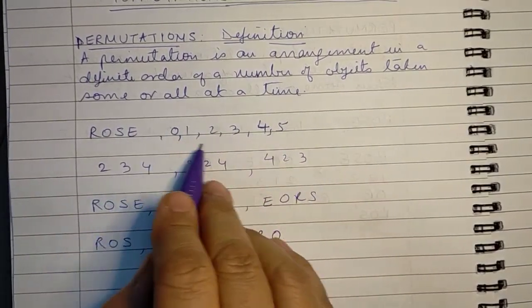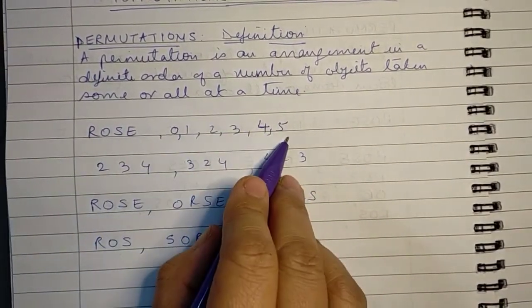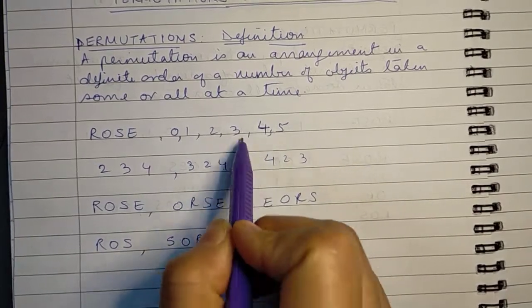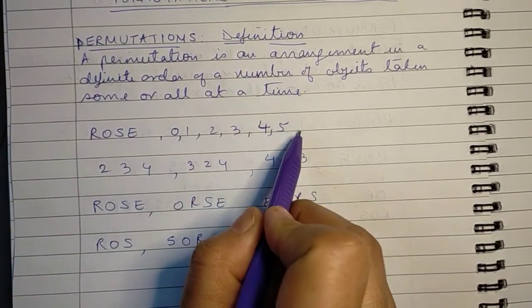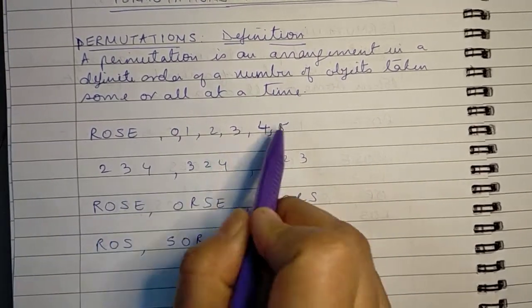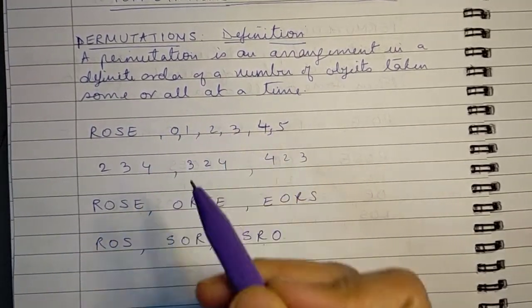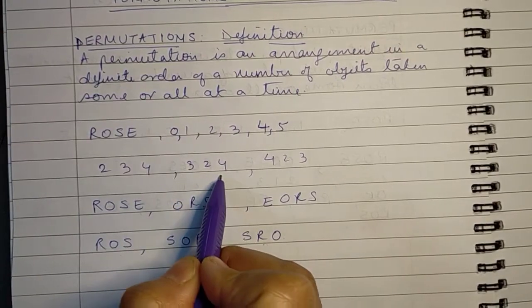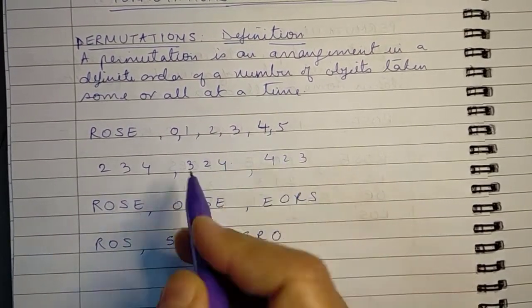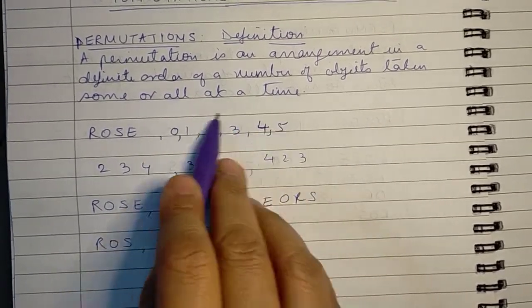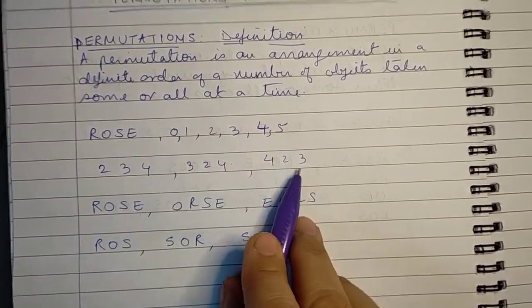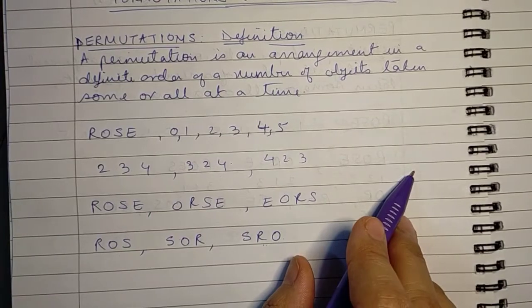Similarly, if you are given a set of numbers, suppose it's six digits, we could make 6-digit numbers, or 3-digit numbers, or 4-digit or 2-digit or 5-digit numbers, choosing some of the numbers or all of the numbers and then arranging them in different manners.